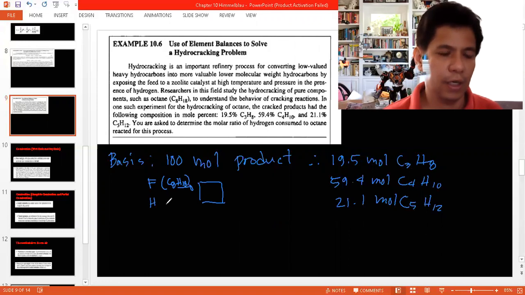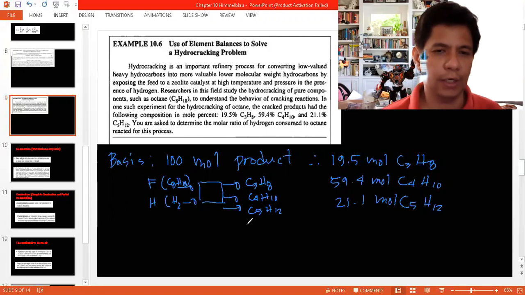Let's call that H. Actually in the book it is G, for gas, but I'll just write H for hydrogen. It enters the reactor, and then the three products come out: C3H8, propane, C4H10, butane, and C5H12, pentane. As I told you earlier, all you need to do is perform a carbon balance and then a hydrogen balance.